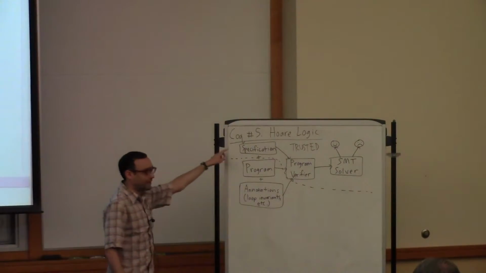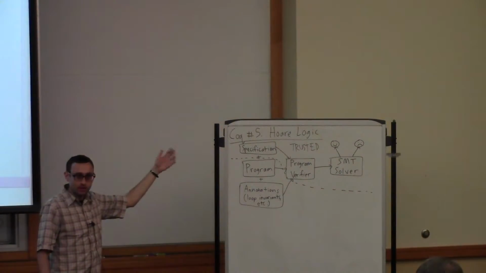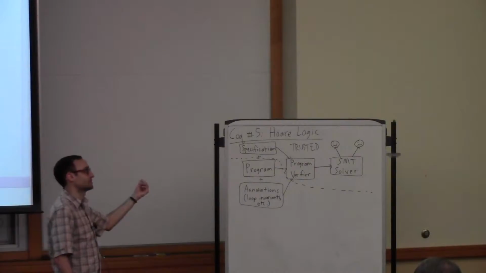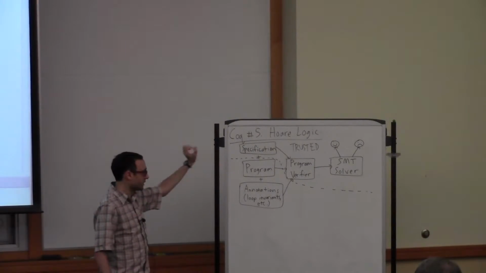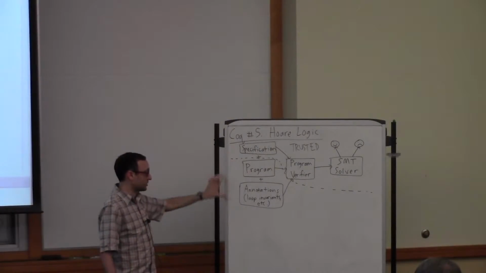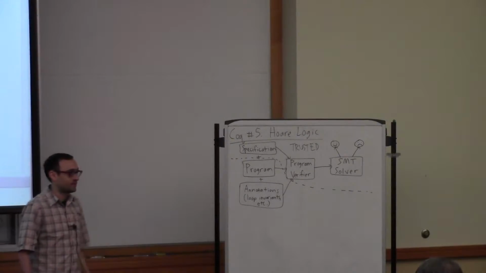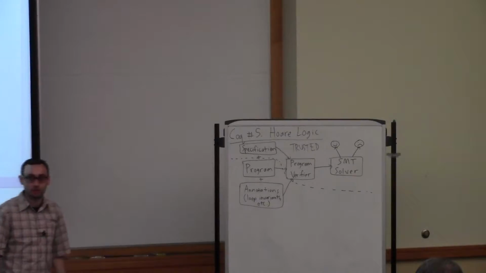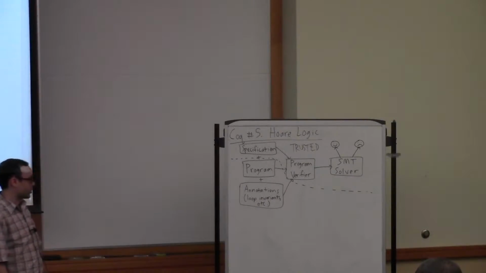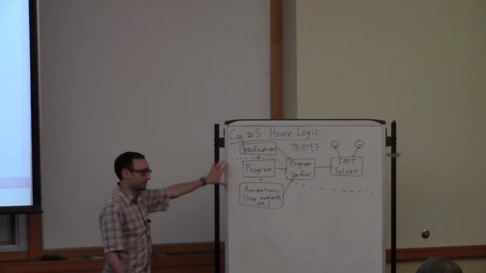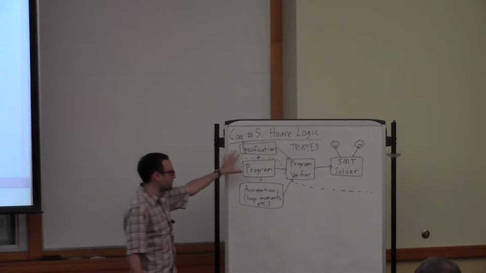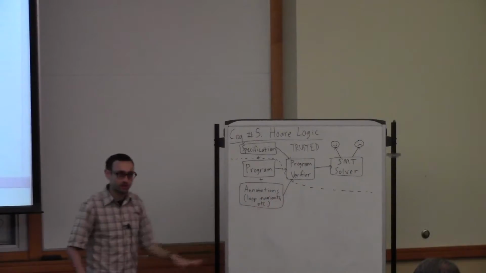And if you got the specification wrong, then you might prove a theorem, but it's not the theorem you wanted to prove, so you have to make sure you got the spec right. But your program itself, and also the annotations you write on it, are being checked by these tools, and if the tools are correct, then you won't be able to trick them by putting incorrect values in for either of these 2 boxes. But this is still a pretty big, trusted part of the picture.